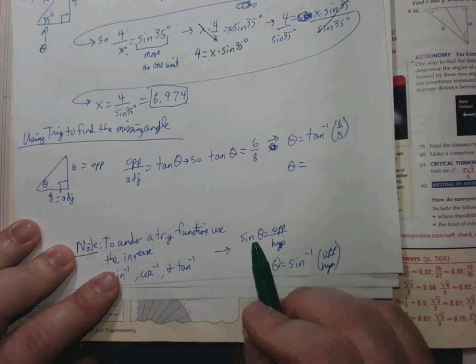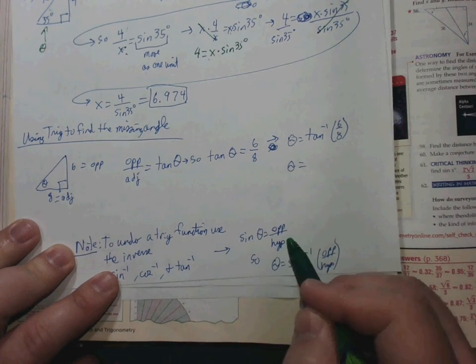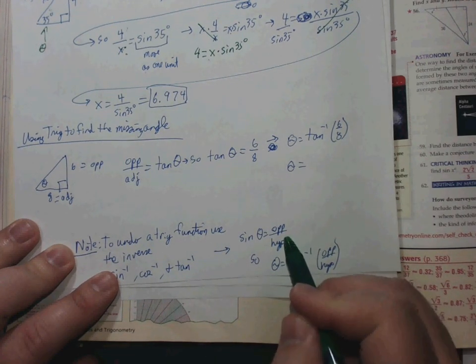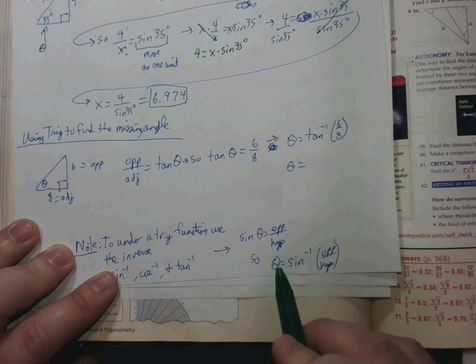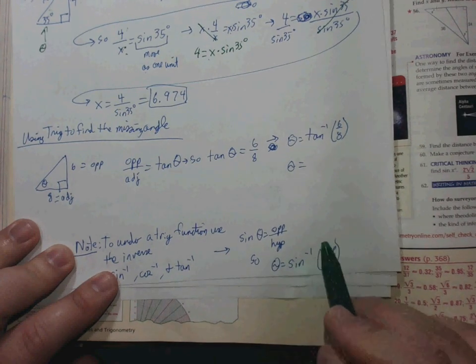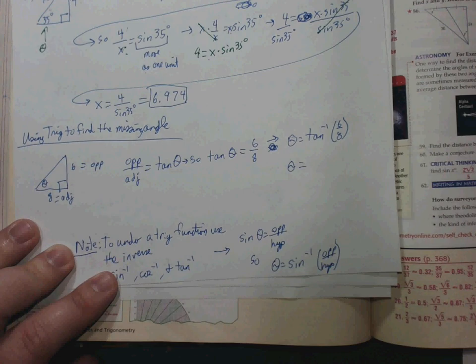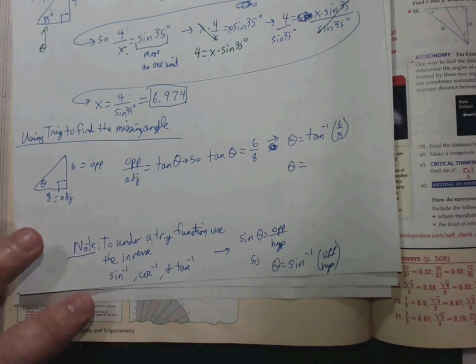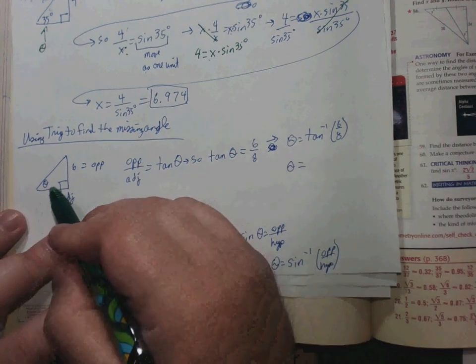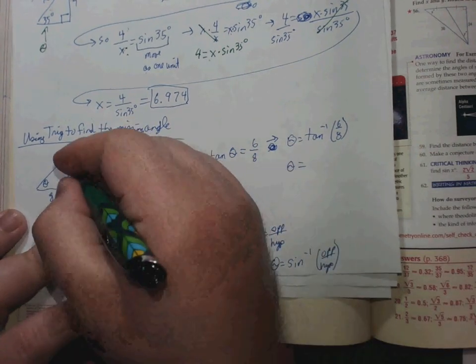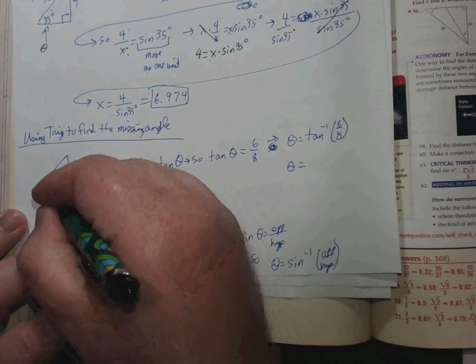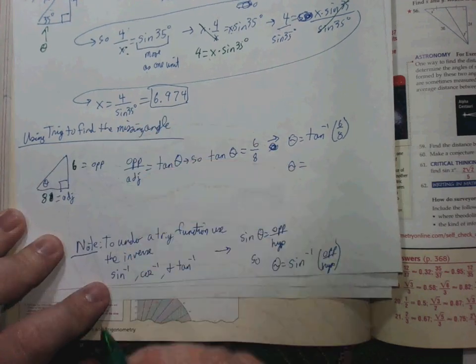So for instance, if sine of theta is opposite over hypotenuse, we know that, that means theta is sine inverse of that ratio. So for instance, in this example I have theta, a 6, and an 8.